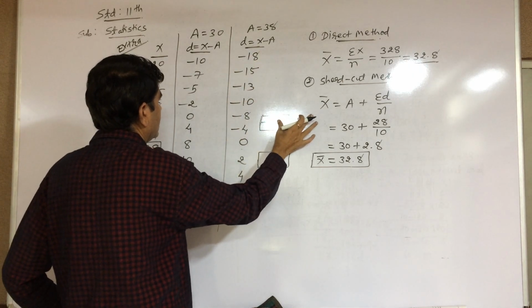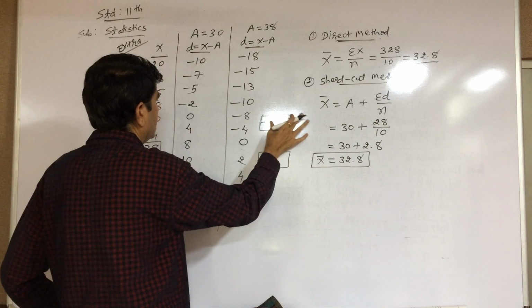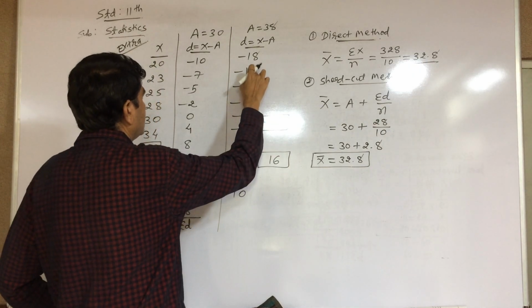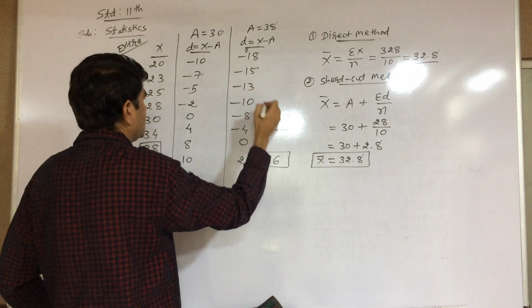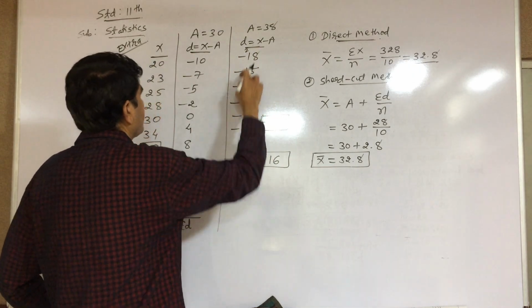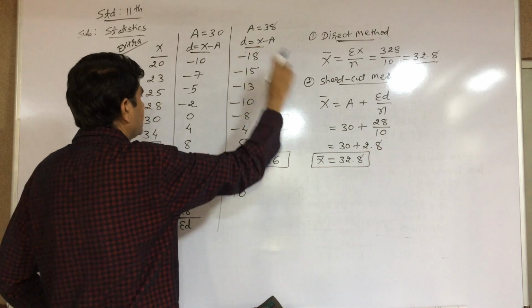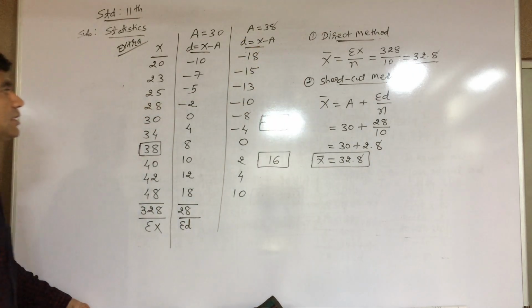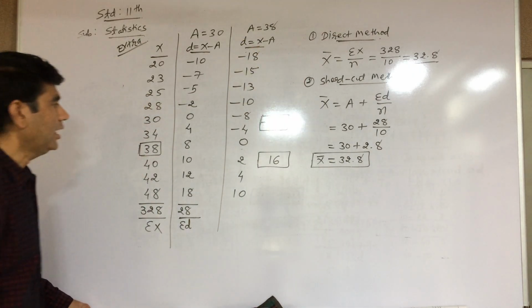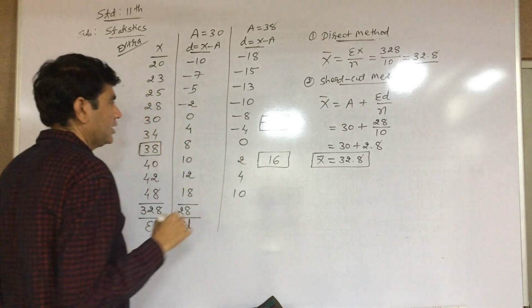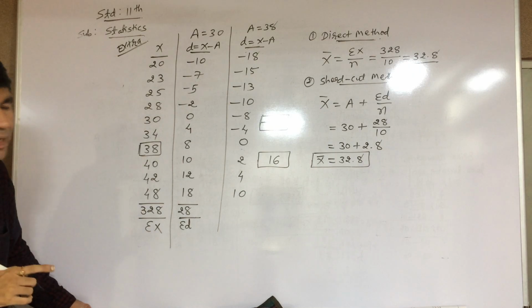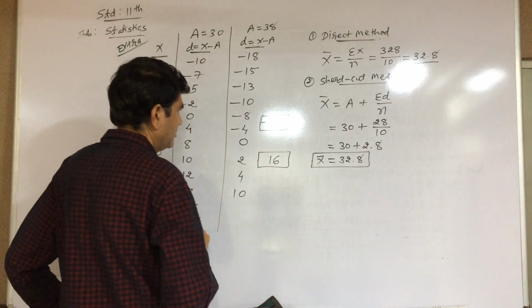Sorry, 68, yes. It was my mistake. Negative value is 68 and positive value 16. Now our calculation: higher value minus lower value.